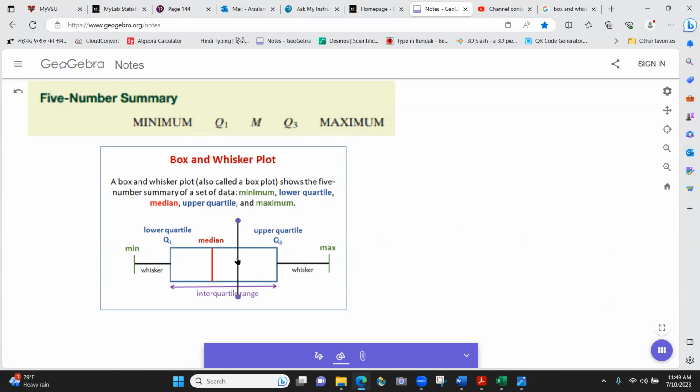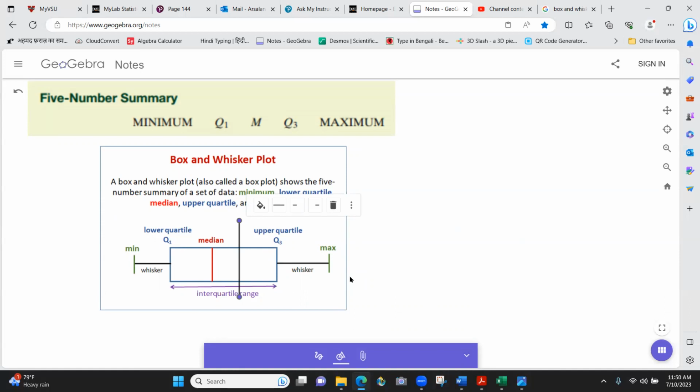If the mean is on the right of the median, we say the data is skewed towards the right. If the mean is on the left-hand side of the median, we say it's skewed towards the left. That means it's right heavy, it's left heavy. There will be a couple of problems like that.